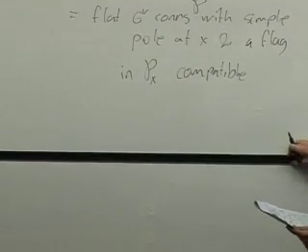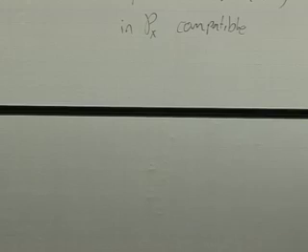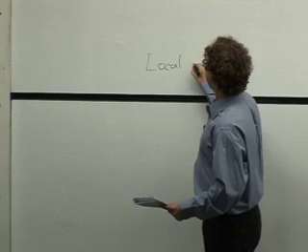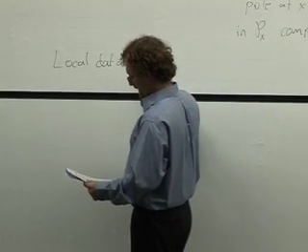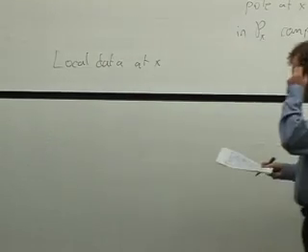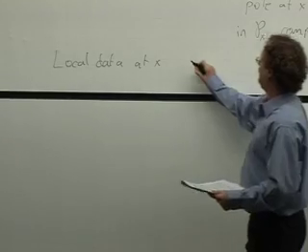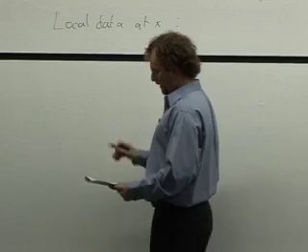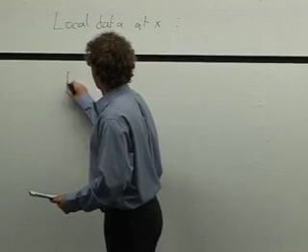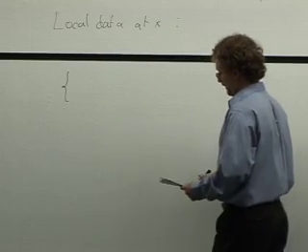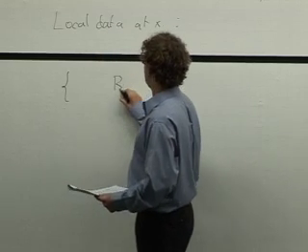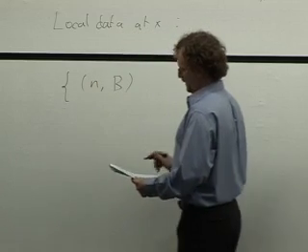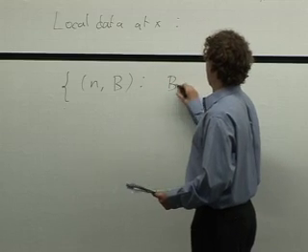This is supposed to be some kind of global picture, but I'm not interested right now in a global picture. I just want a local picture. What's the local data at a point X? Well, I have pairs like this, where B is a flag.